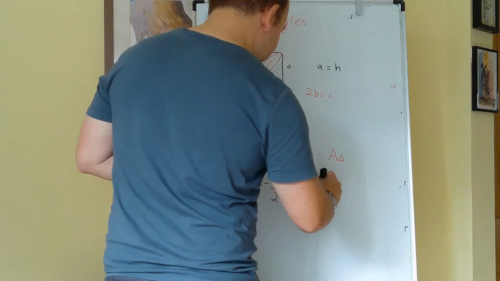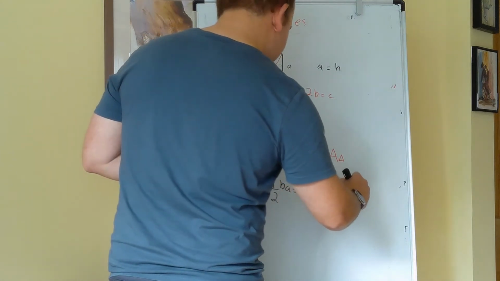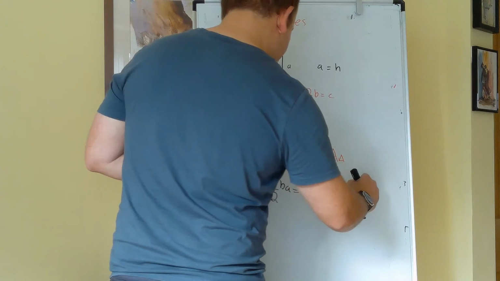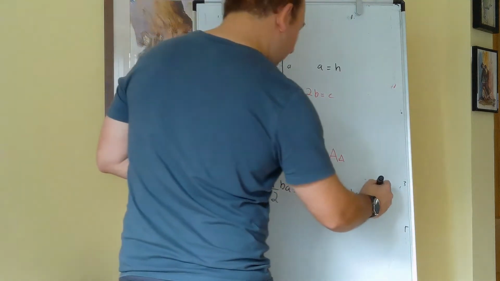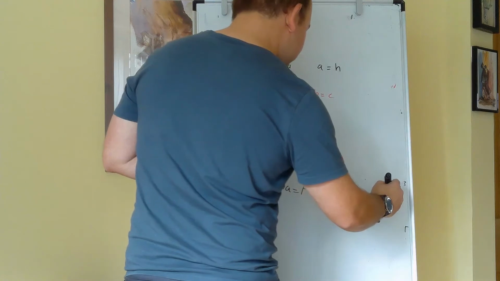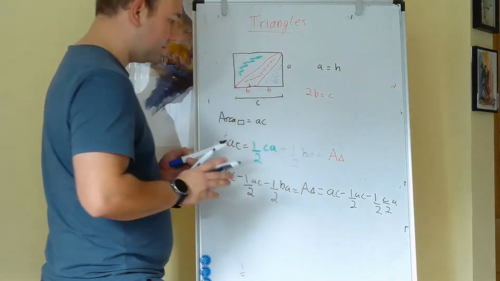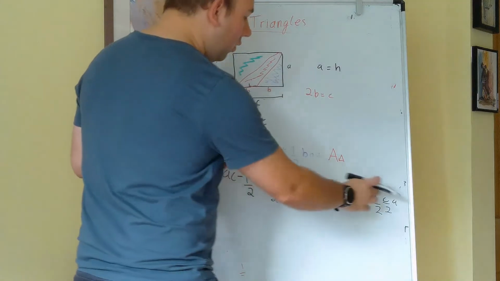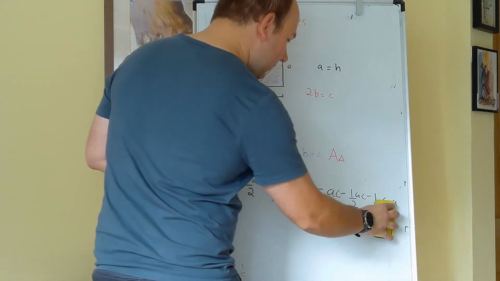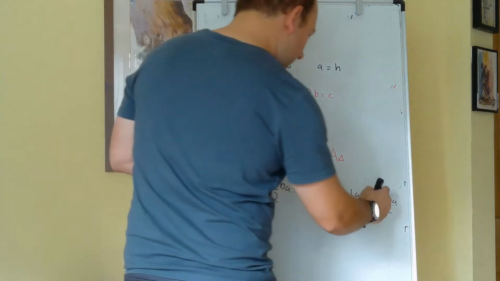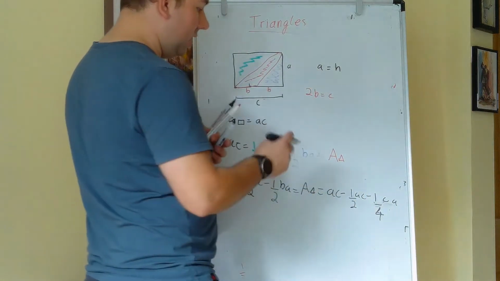So we can say that this is equal to AC minus a half AC minus a half C over 2 A. Or this can all combine together to be the equivalent of a quarter AC or CA.